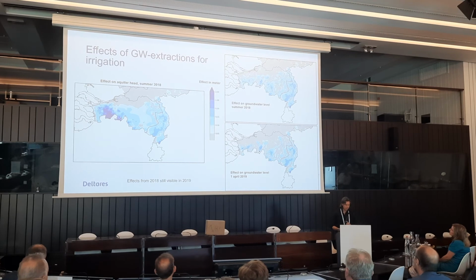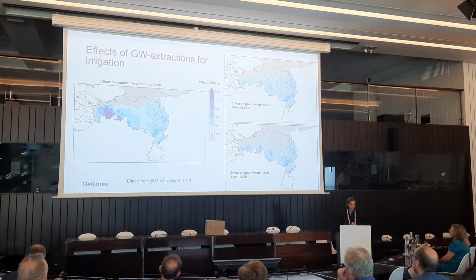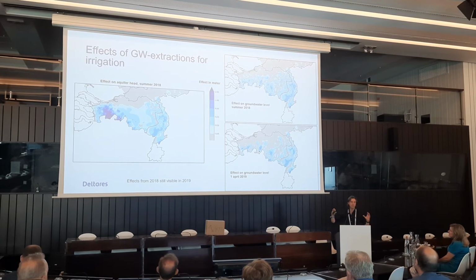We calculated this also with the groundwater model, the national instrument, and here you see the effect of these abstractions in 2018 on the summer aquifer head. You see larger effects in this area. It's not because they extract more, but because the clay layer is more developed. It's semi-confined here.